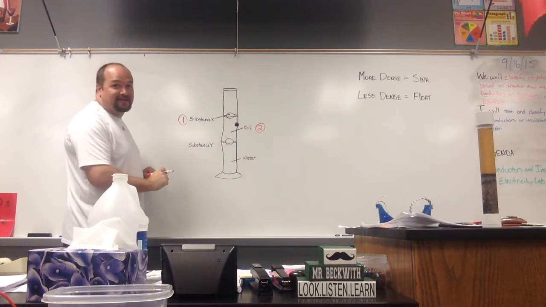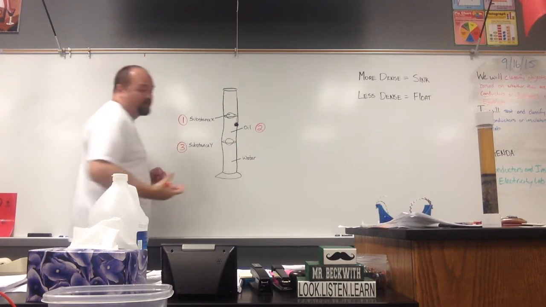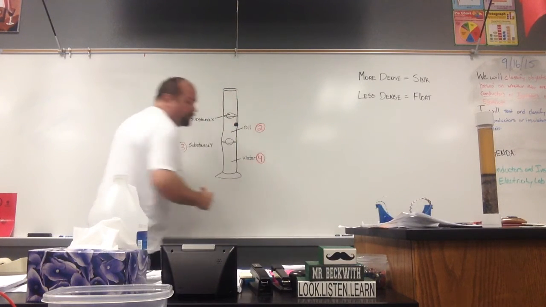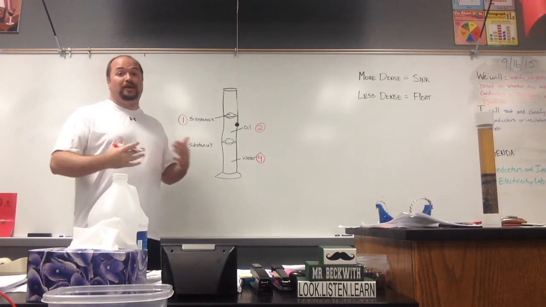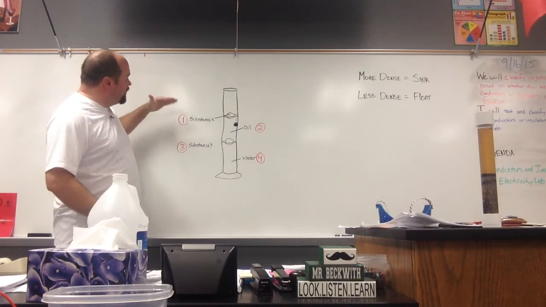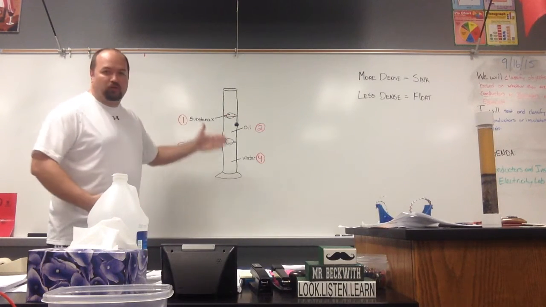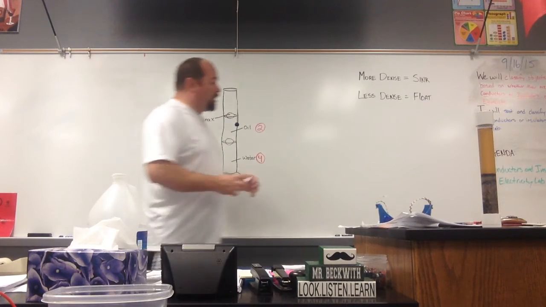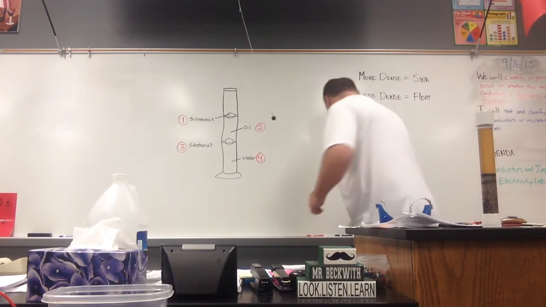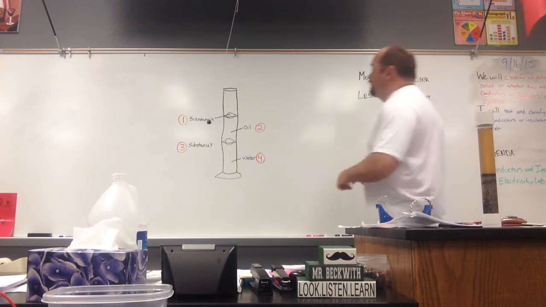Substance Y is the next. I'm going to number it 3. Water is on the bottom. I'm going to number it 4. Now, it doesn't matter if you have 2 or 20 items in a density tower like this, as long as you start at the top and just number 1, 2, 3, 4, all the way down.